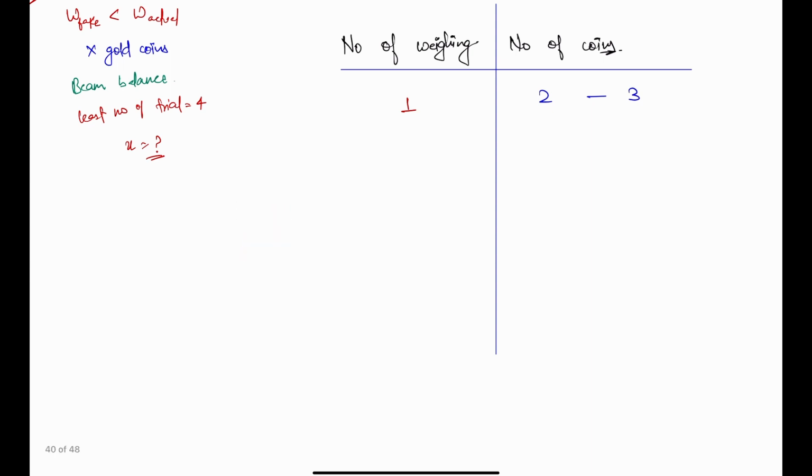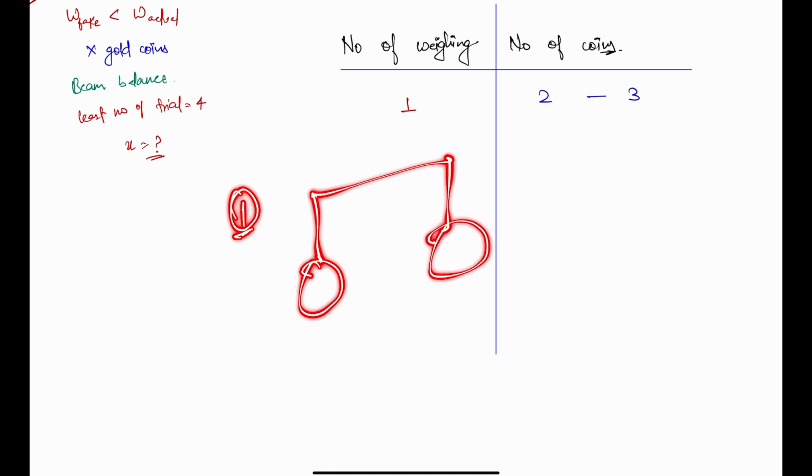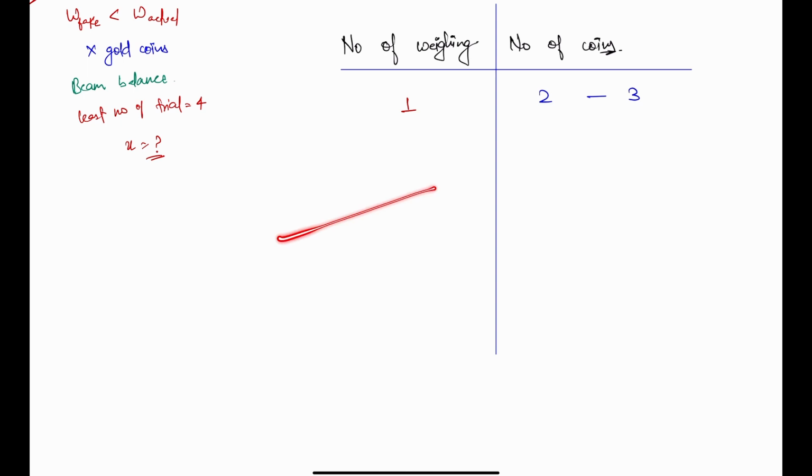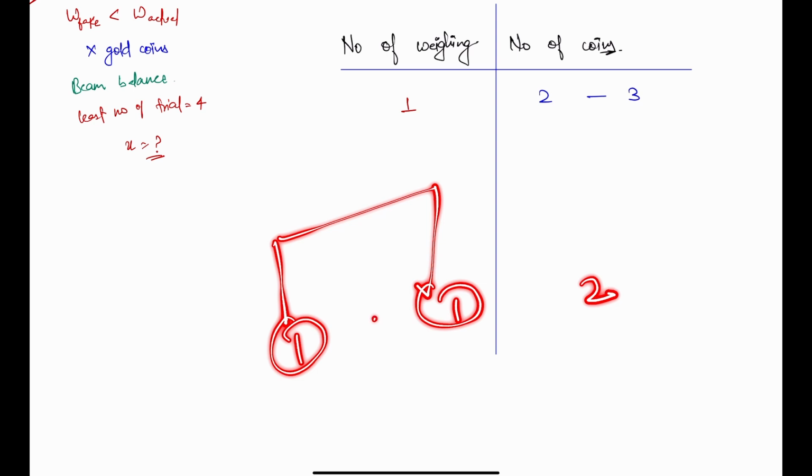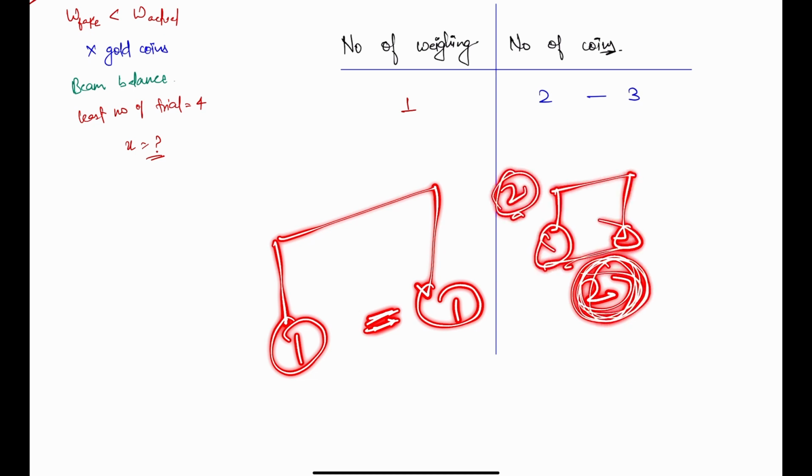Is there anything by which you can find out in one weighing which one is the issue? How can we divide 4 coins? 1 1 2. Suppose this is equal, which means what? The 2 are fake. So for 2 again we have to do a second weighing, right? So this is not optimum.